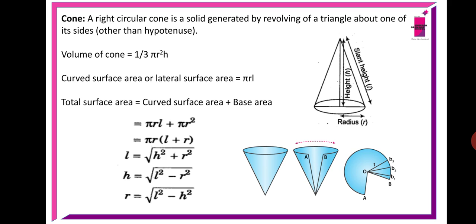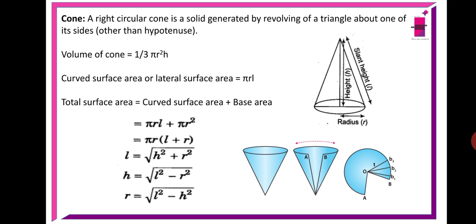As we know, hypotenuse square equals side square plus side square. So l square equals h square plus r square. Based on that, you will get l equals under root of h square plus r square.